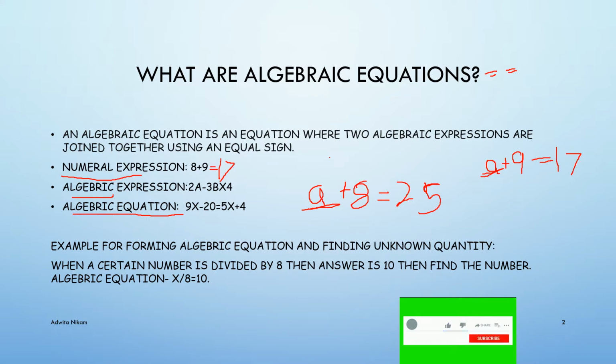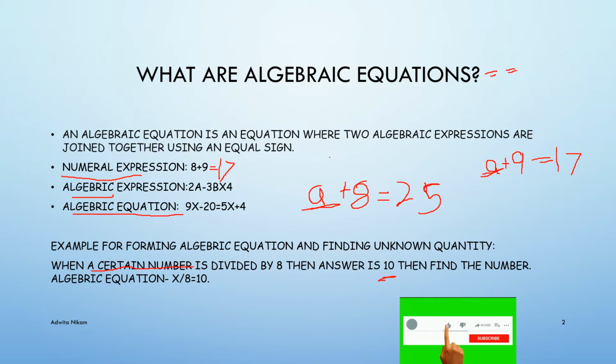So see this: x, or any letter, is a certain number. A certain number means we don't know the number, divided by 8. The answer is 10, right? We know the answer. And which is the number divided by 8? So what is the number? We have to find that, right?